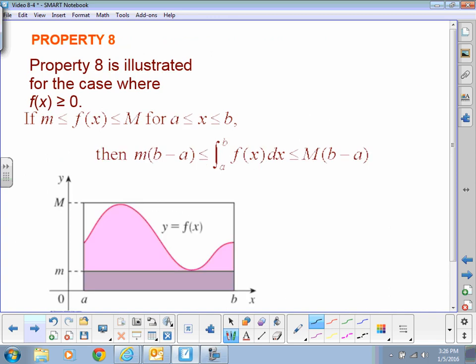So think of capital M as this horizontal line here. So it's saying the area of that big rectangle is our upper bound. The area of this rectangle is our lower bound. And the area of our function f of x must be something in between those 2 areas.